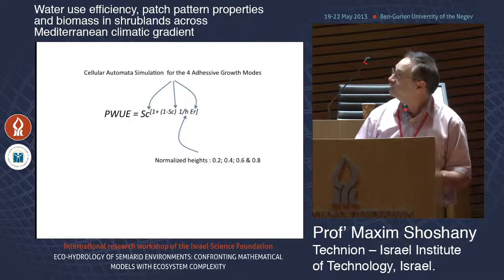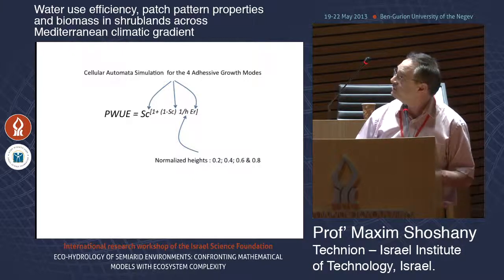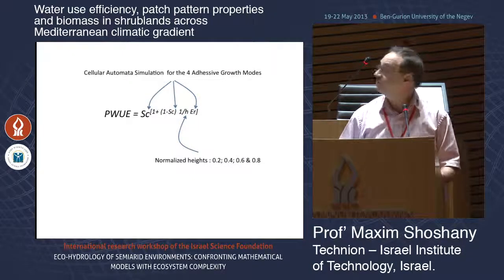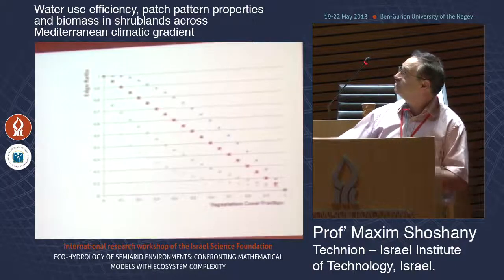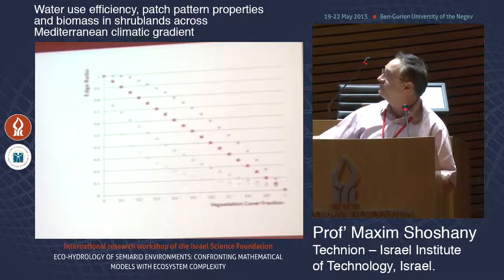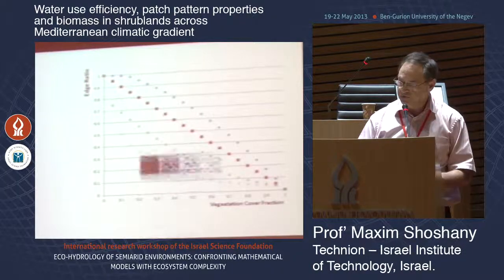So we can actually calculate all of these parameters and then add normalized height between 0.2 and 0.8, and the edge ratios we have for the random pattern and for the very clumpy pattern here.